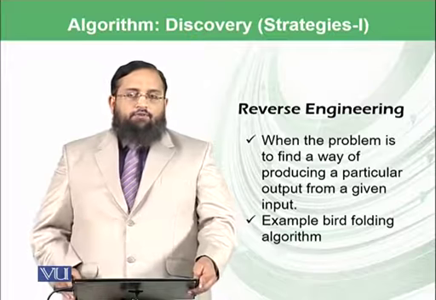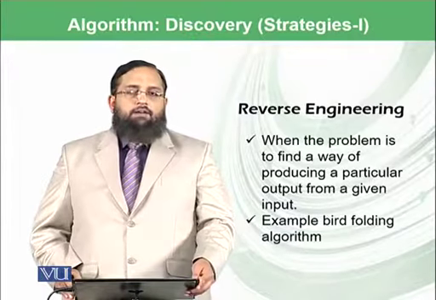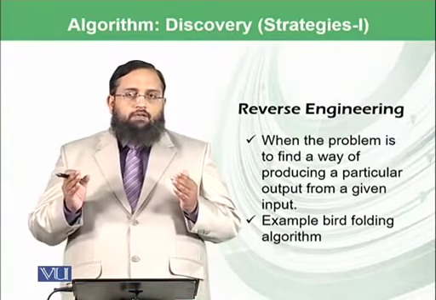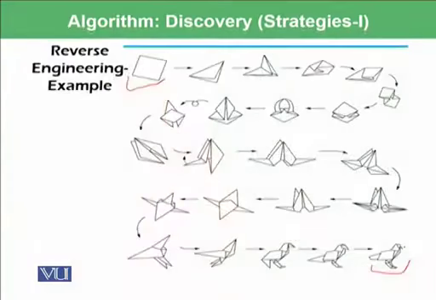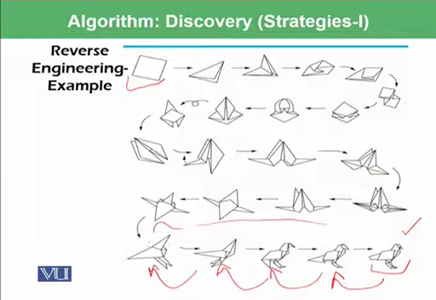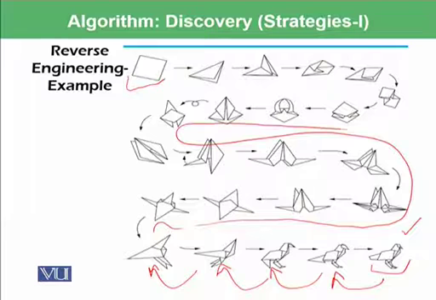So this is one of the examples which we have already discussed in one of the previous modules, the paper folding to make the bird. Let's see, if you have the paper and you have come up with the bird, then to understand the algorithm of how the paper was converted to the bird, you need to unfold the bird to this, to this, to this, and so on, going in the backward direction.